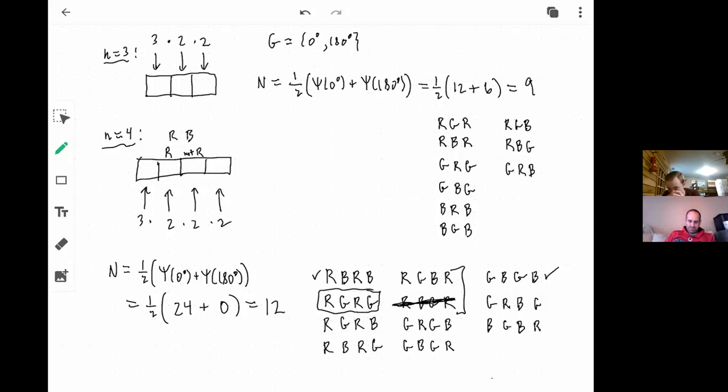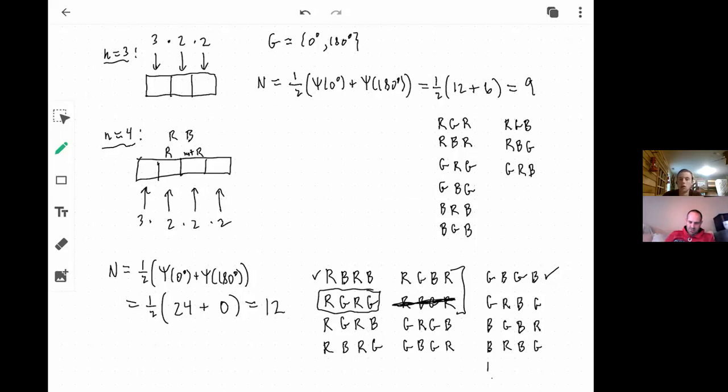Okay, BB. What about red and green? Okay. And I actually don't think I'm going to be able to do anything else. Okay, because it's either going to be red, red or green, green. And I think I've already accounted for those.